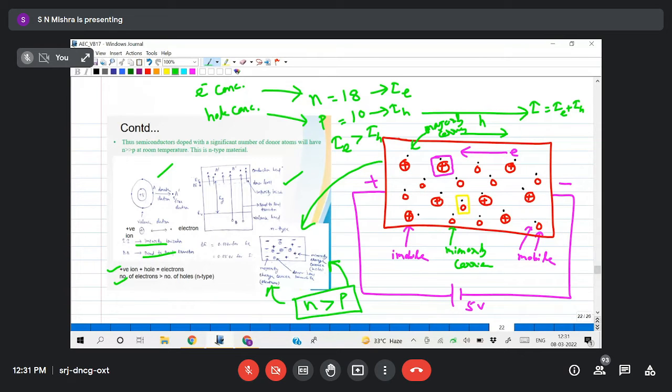So are these ions moving inside the material or not? Immobile. Are the number of electrons more or the number of holes more? Electrons. This is called n-type or p-type? N-type. Fine. So n-type we have understood.